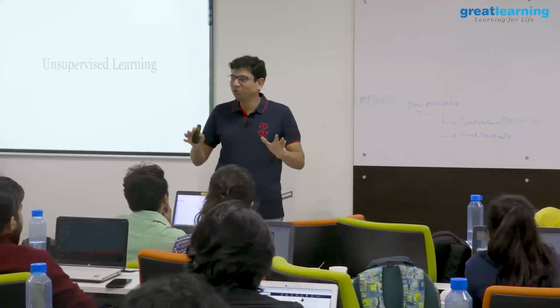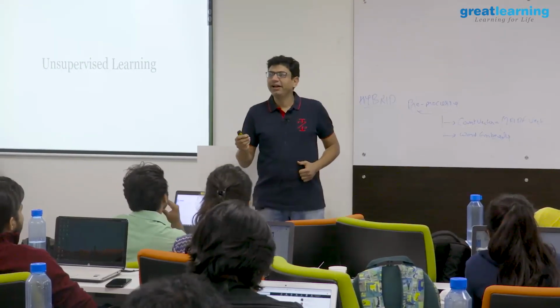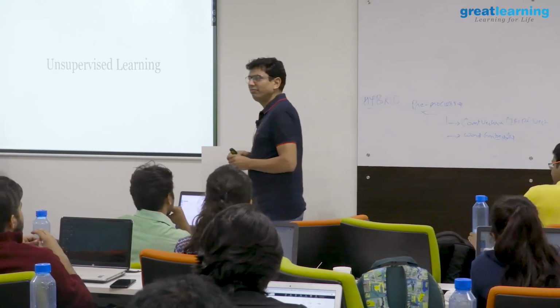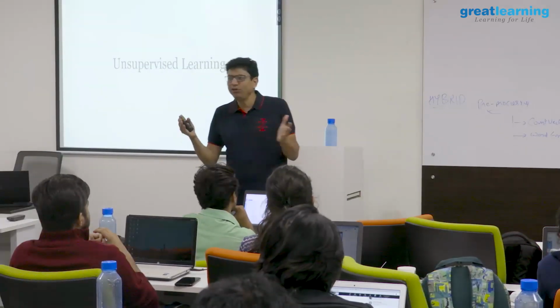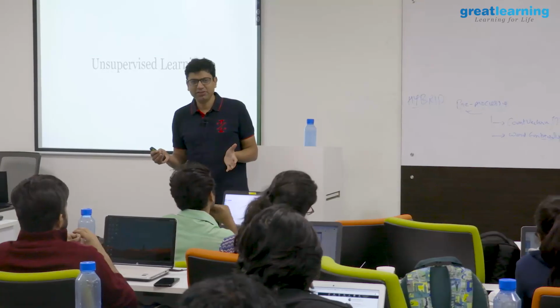What is the problem in labeling the data? We don't know what information is hidden in that data. But we can label it, like, we know there's an elephant in the picture. We can say there's an elephant.